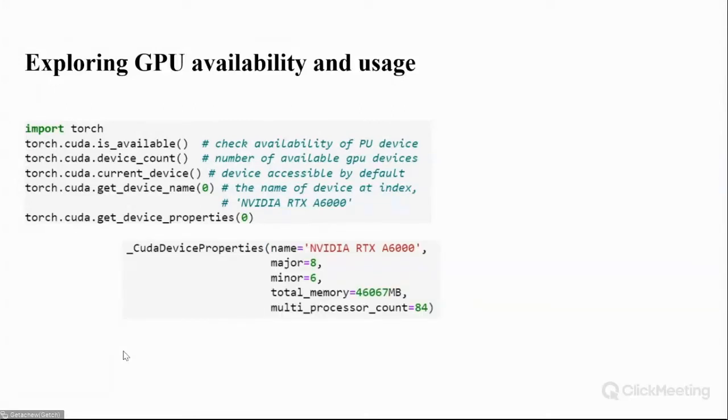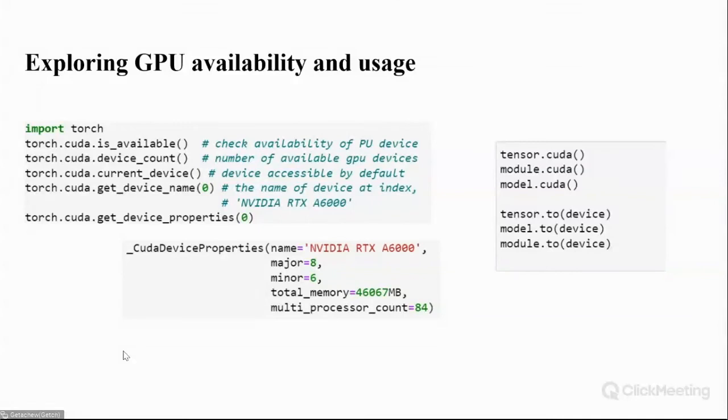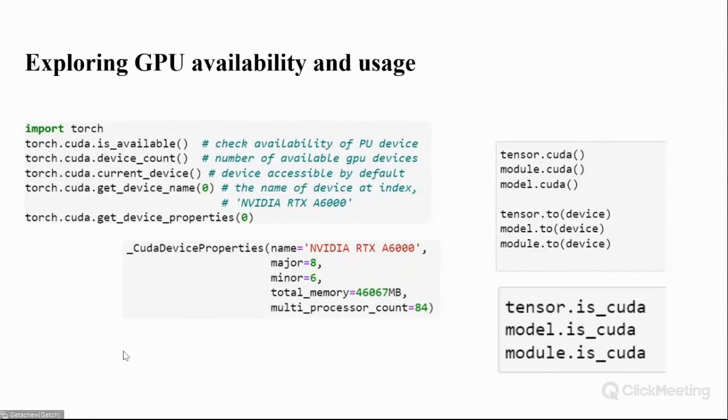For example, this demo is done on an NVIDIA RTX A6000, which is the latest machine. After doing that, you should also put your tensor or pre-processed image onto the GPU by using tensor.cuda or tensor.to(device) if you have a specific device name. And after that, you can check whether your model or your tensors are on the GPU. When you run this, it tells you true or false.